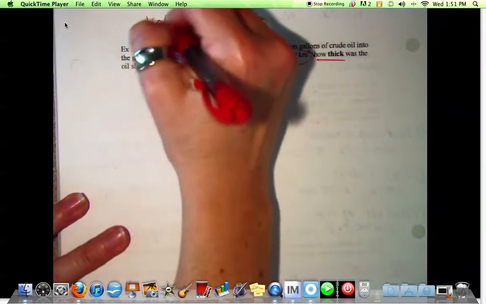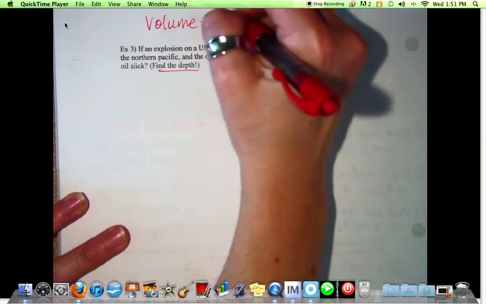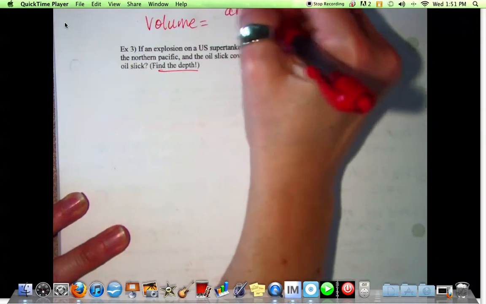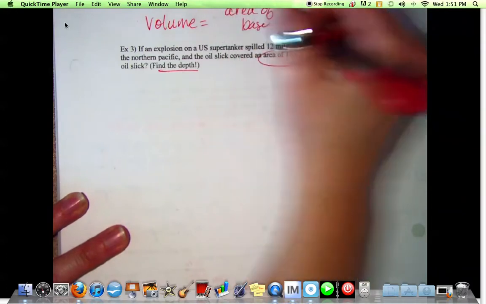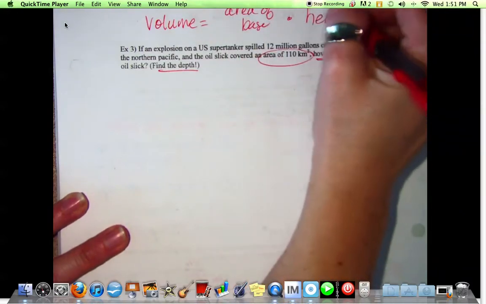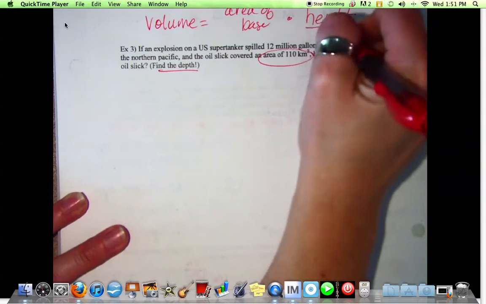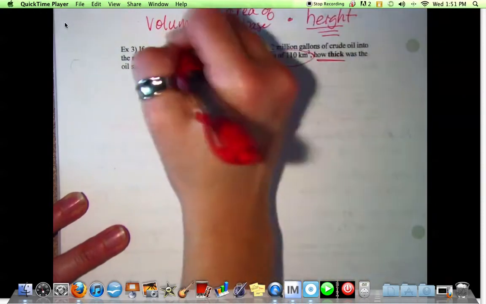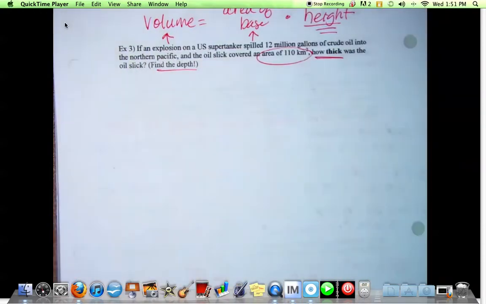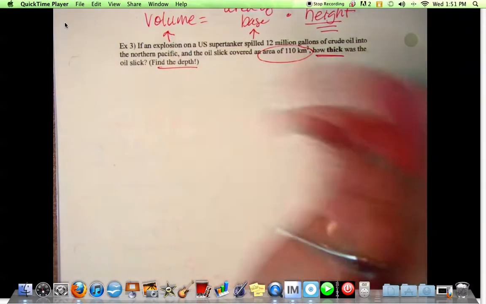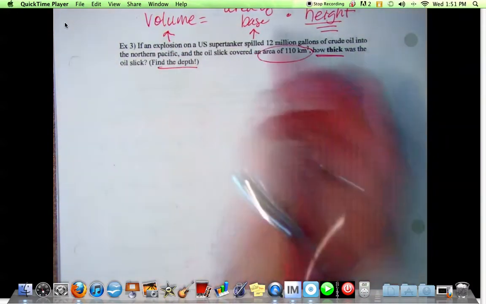So, volume equals the area of the base times the height. We're asked to find the height. We're given the area of the base and the volume. So we would divide, the inverse operation. Take the volume divided by the area of the base.